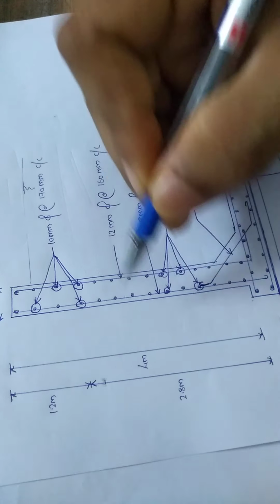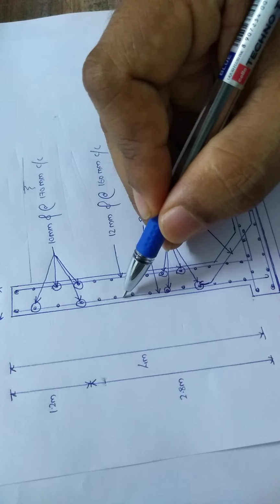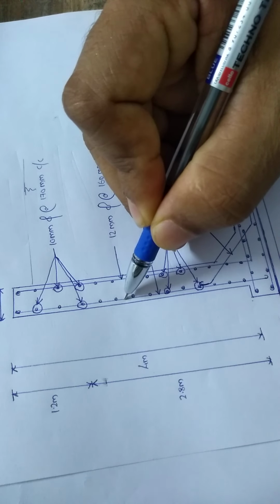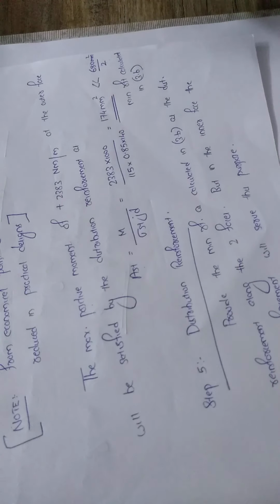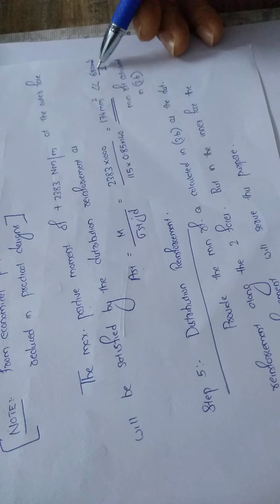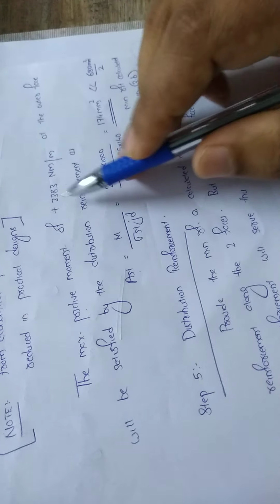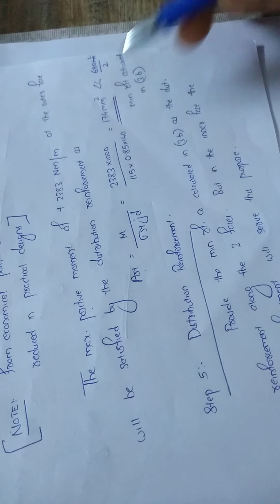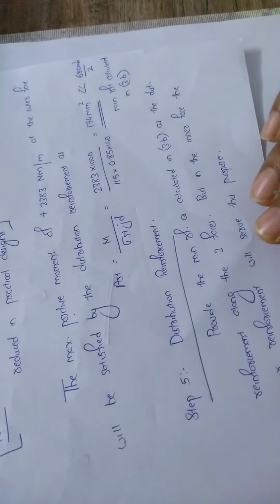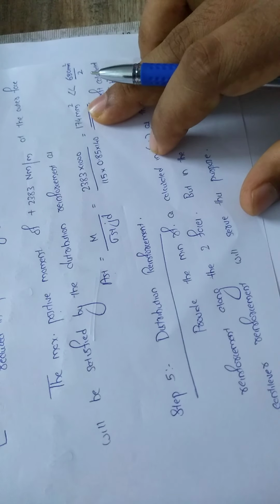So whatever the minimum reinforcement required, by 2 will give the reinforcement in one layer. Okay, so that is why 680 by 2. So in the outer face I need only 340 mm squared, but what I'm getting from the 2383 Newton meter value is 174 mm squared. So that means my distribution reinforcement will take the positive moment.